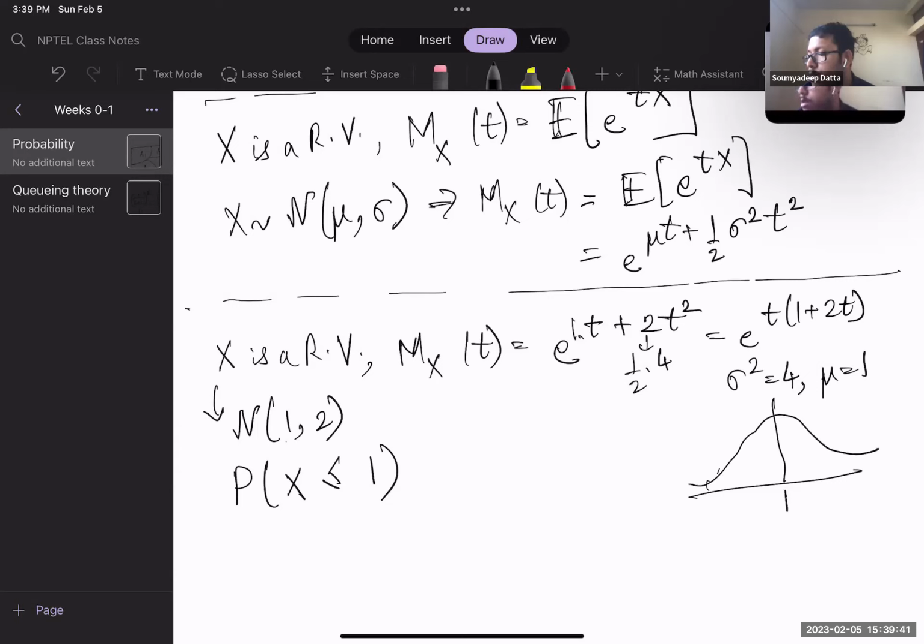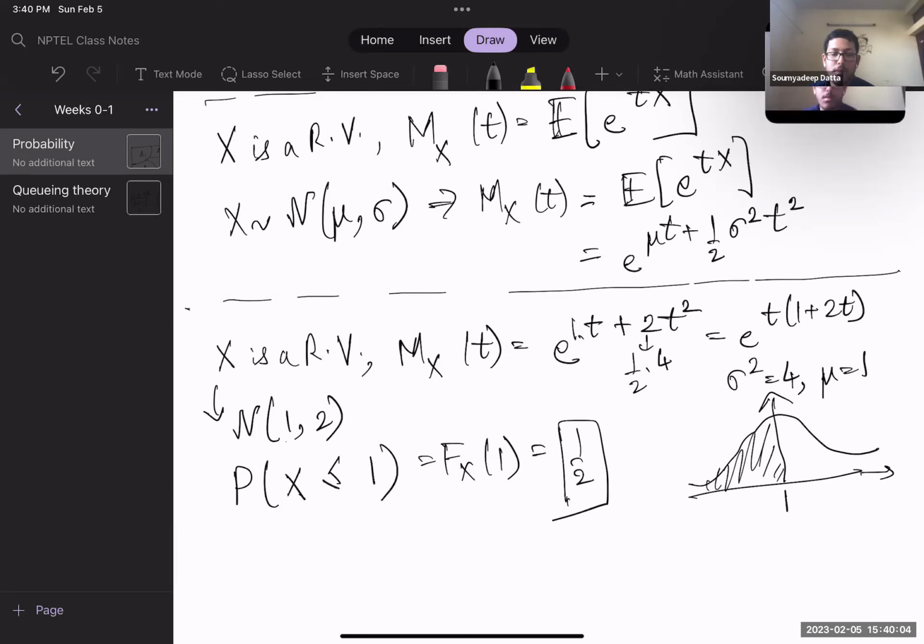You know that the complete integration is 1, so this integration has to be half. So the probability of X less or equal to 1 will be nothing but F_X(1), that is half. So this is how you will solve this kind of question.